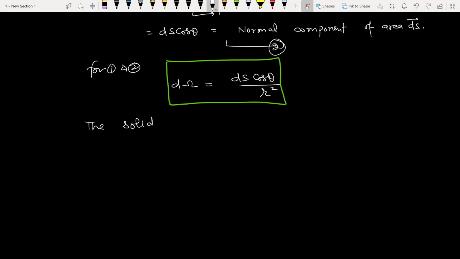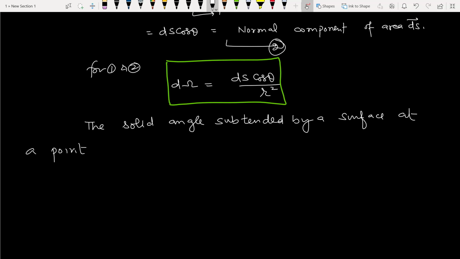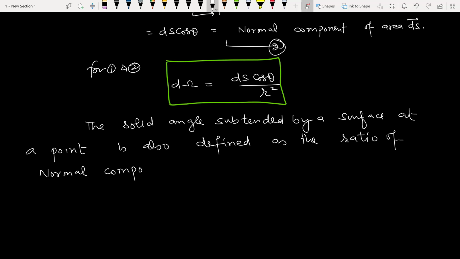The solid angle subtended by a surface at a point is also defined as the ratio of the normal component of area vector to the square of distance from the point.